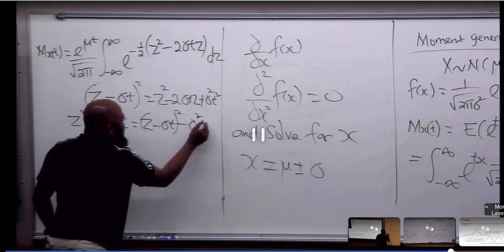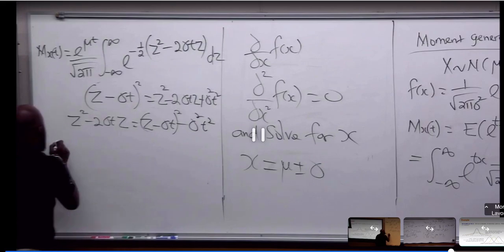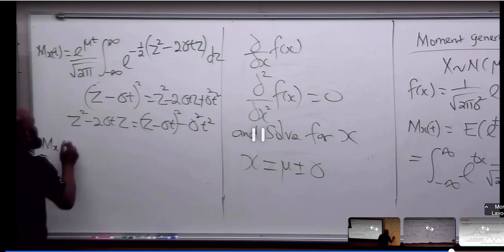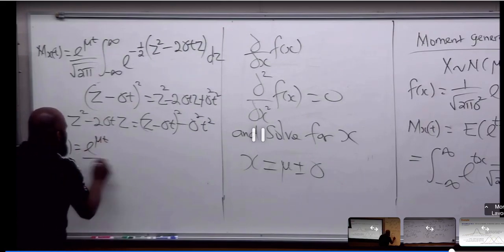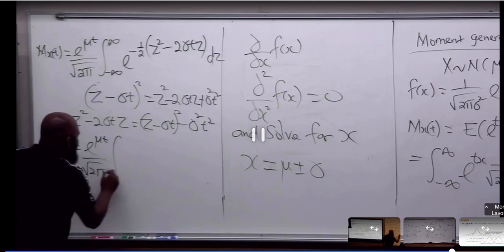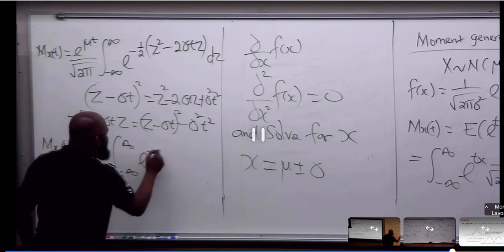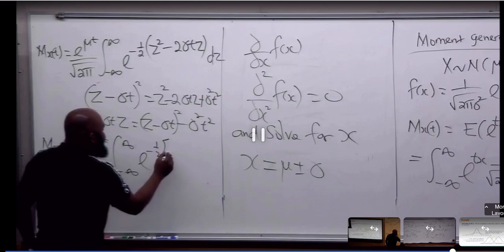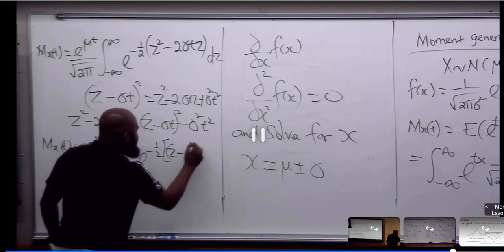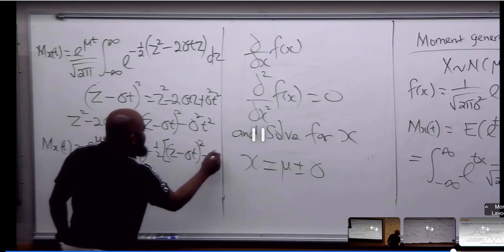So right here, M_X of t equals this divided by square root of 2 pi, negative infinity to infinity, e raised to power minus half, (z minus sigma t) all squared minus sigma squared t squared, dz.